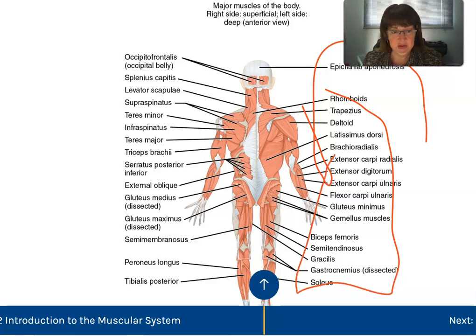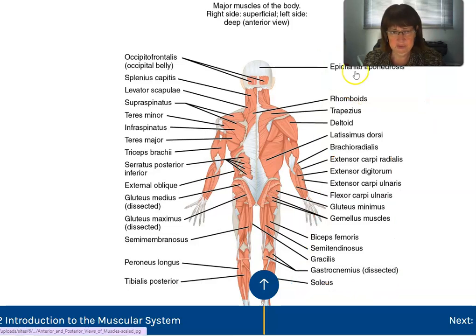And you do need to know your glutes, your gluteus maximus and gluteus minimus. Okay, so you need to know your external ones.